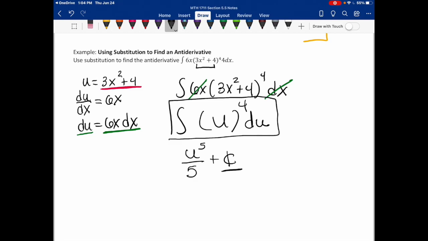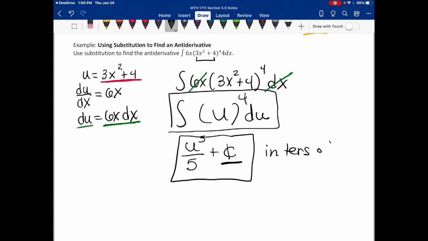Because this is not a definite integral and we're not evaluating it over an interval, I want to make sure that I still put that plus c in there because that does exist. When we evaluate a definite integral, remember we subtract and we end up getting rid of those constants. So for indefinite integrals, we want to make sure that we put that plus c in there. So here's our antiderivative, but this is in terms of u.